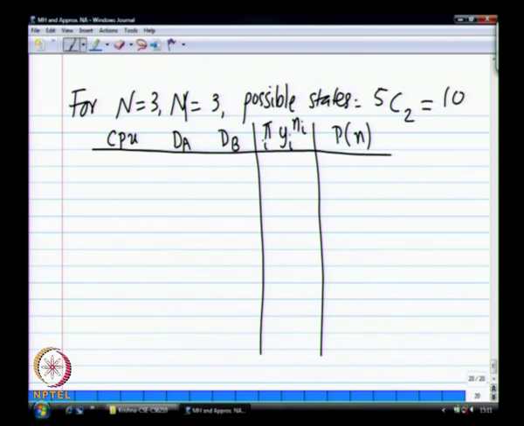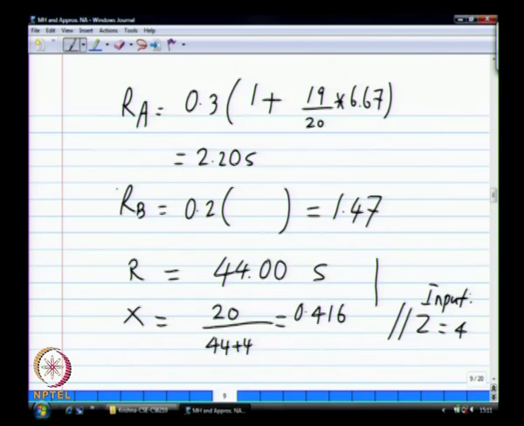For every combination I have to figure out this yi to the power ni, and the yi's we figured out to be 1, 3 and 2. So this is one possible distribution, where all 3 jobs are in disk B. What is the corresponding product here? 8, and we can just do this for the rest of the class.